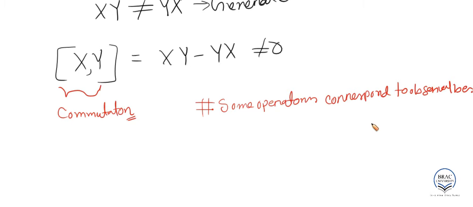In fact, those are known as Hermitian operators, but we'll discuss them in the next lecture hopefully. So let's just take this for granted, that some operators can correspond to some observables, and if they don't commute, that means those two operators when they act on a state will give rise to some uncertainty. That is, you cannot measure the values after those operations simultaneously.